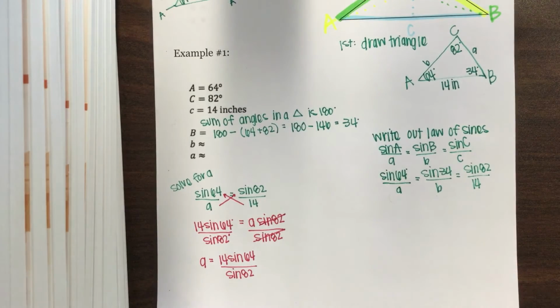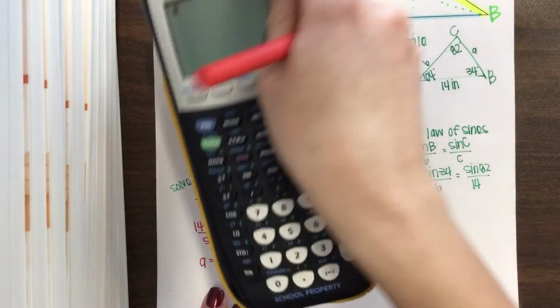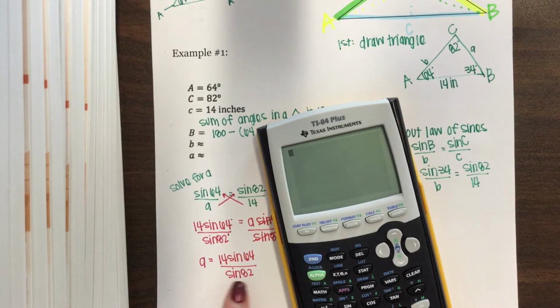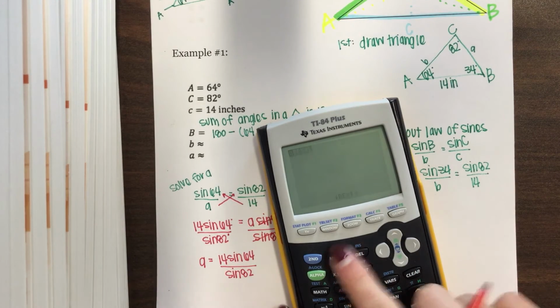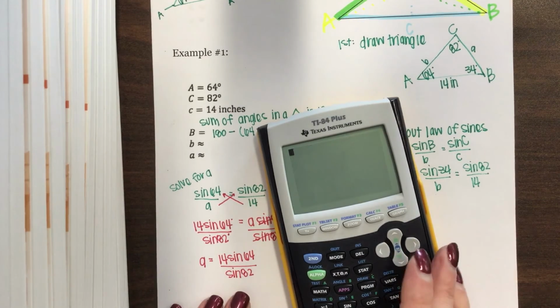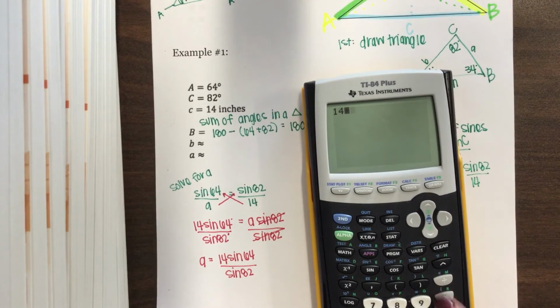And this is where you're going to take your calculator and put this in. We need to make sure we're in degree mode, so I'm going to go check. I'm in degree mode right there, so I'm just going to leave that. Then I'm going to go 14 times the sine of 64 divided by the sine of 82.